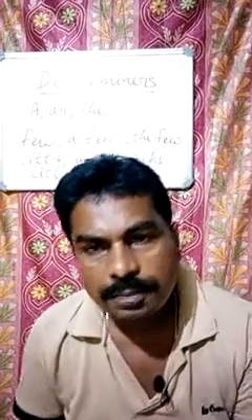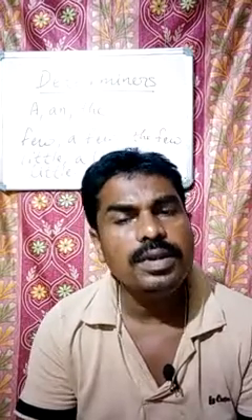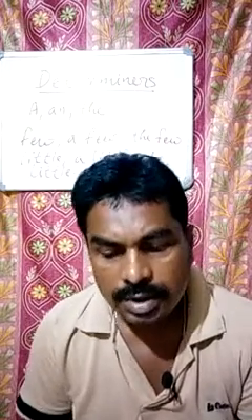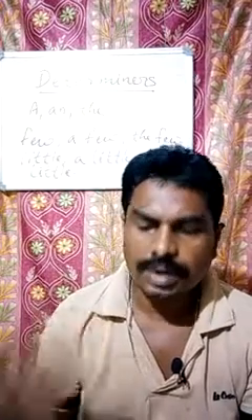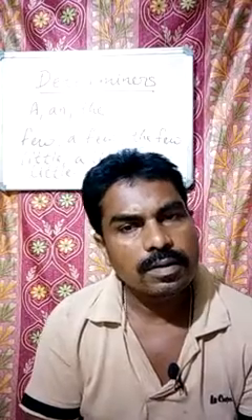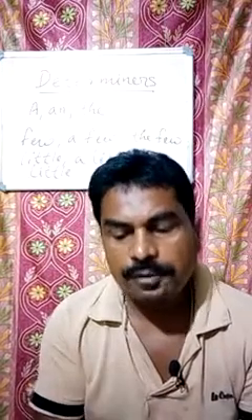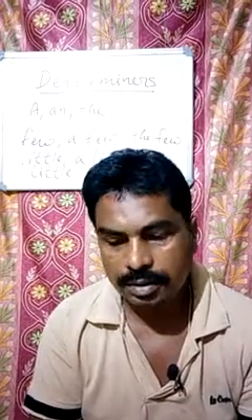Another confusing pair of determiners are each and every, very confusing. Now let me differentiate that. We use each when the number you are talking about is limited, and we use every when the number is unlimited.